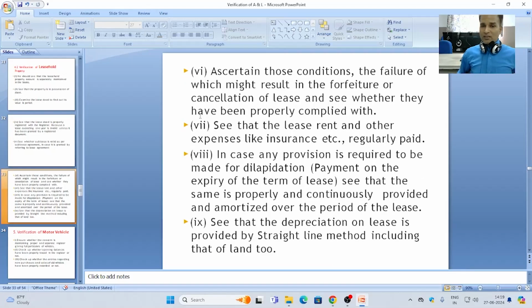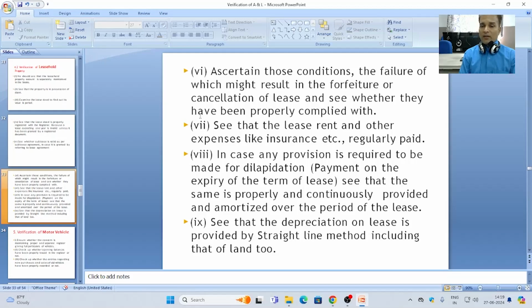The auditor has to ascertain those conditions, the failure of which might result in the forfeiture or cancellation of the lease, and see whether they have been properly complied with. The auditor has to see that the lease rent and other expenses like insurance, etc. are regularly paid, and in case of insurance premium, the last receipt should be checked by the auditor.